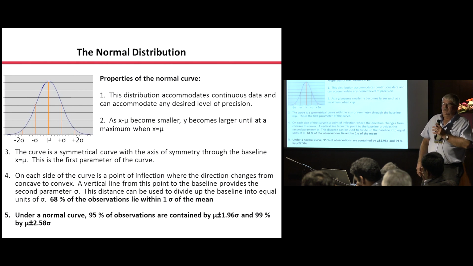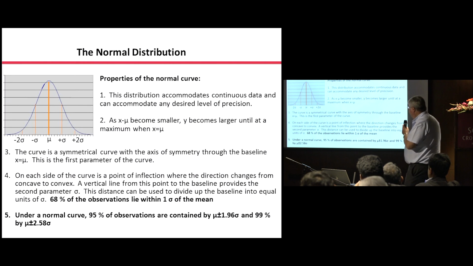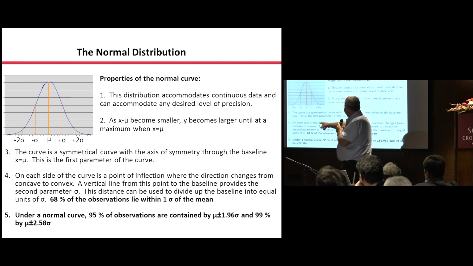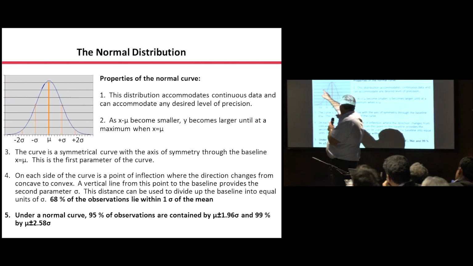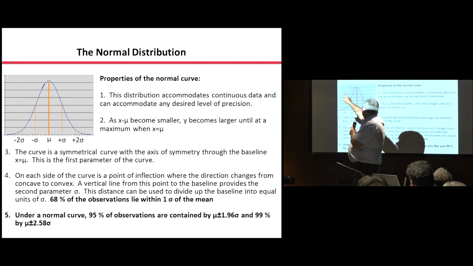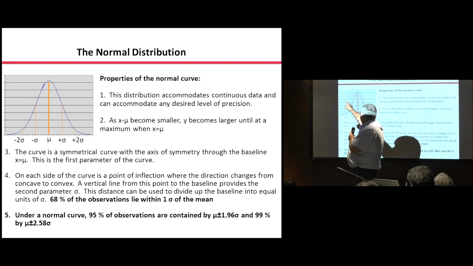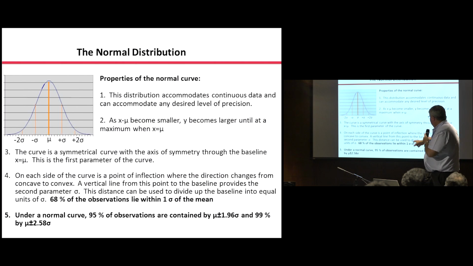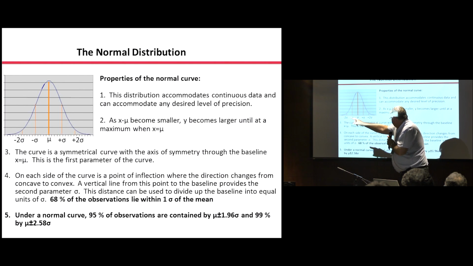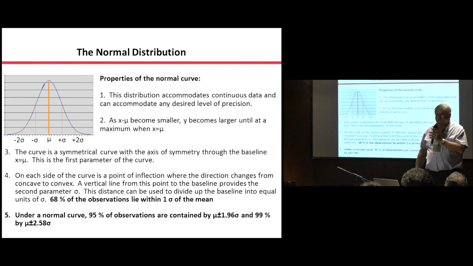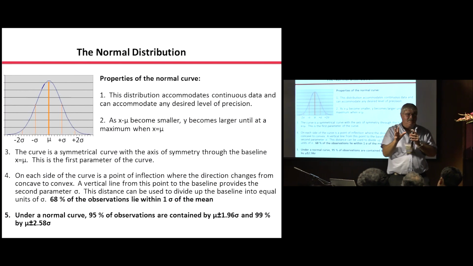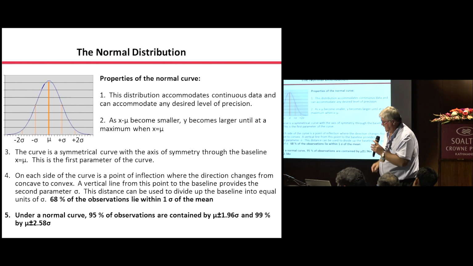What's also nice about the normal curve is that on either side of the mean, if you take one standard deviation unit, you're including 68% of the observations within that population.